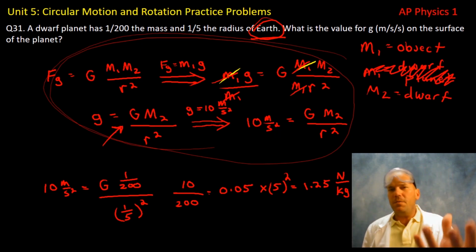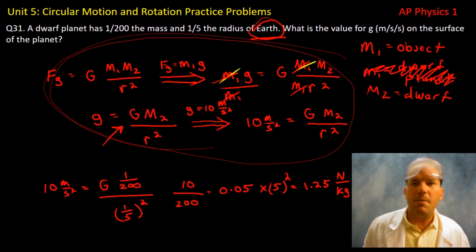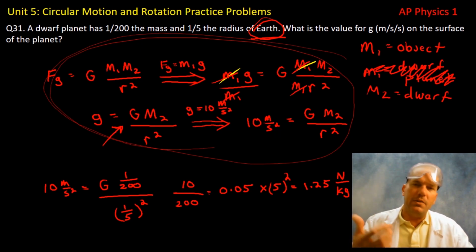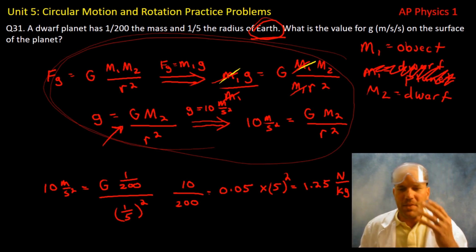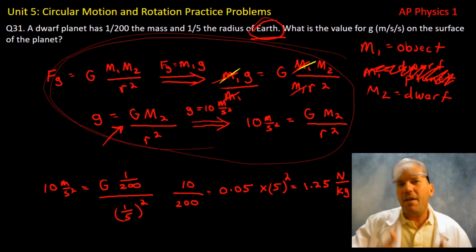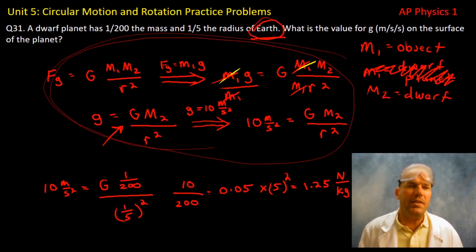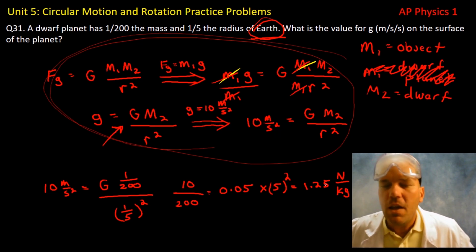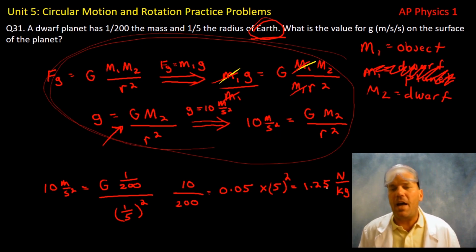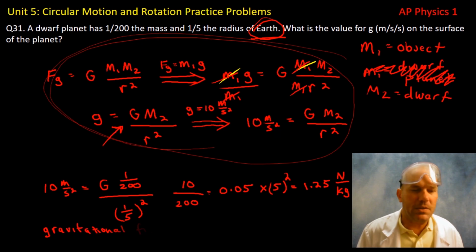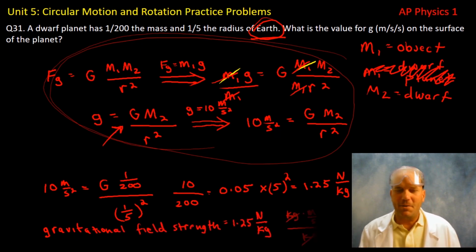That means the value for the gravitational field goes up. And don't forget, radius is squared, so it goes way up. In this case, 25 times greater. So 10 divided by 200 multiplied by 25 gives us a gravitational field of 1.25 newtons per kilogram, or meters per second per second. All right, there we go.